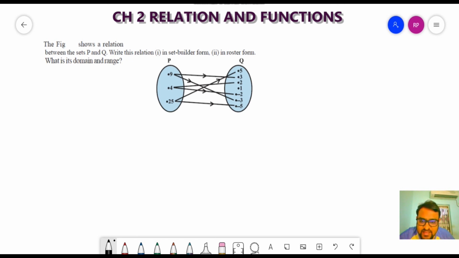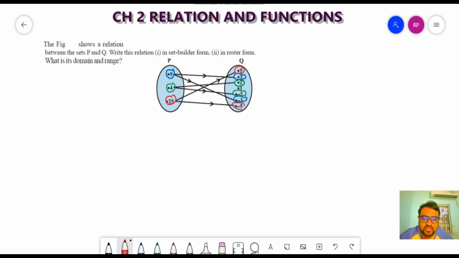Now see, 9 is related to plus 3, minus 3. Similarly, 4 is related to plus 2, minus 2. And 25 is related to plus 5, minus 5.